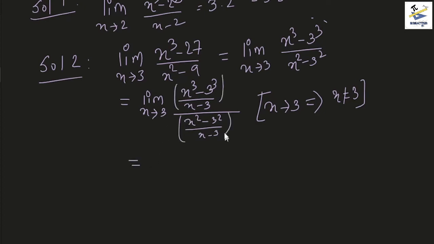And you can see they clearly form the pattern of the formula we learned, but there are two limits and they are in divide form. But as I said, as long as the individual limits exist, they can be evaluated separately.